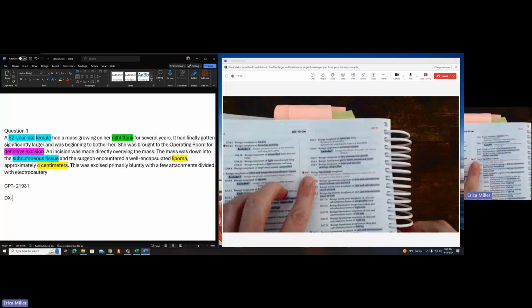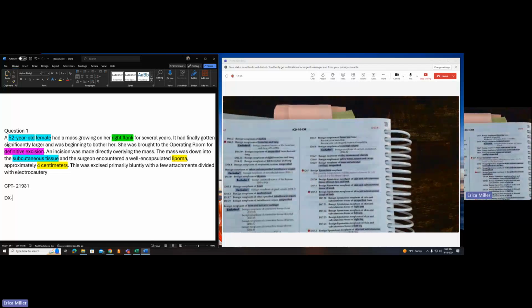D17.1. First, let's read our category note, good habits. D17, benign lipomatous neoplasm. This is a slow-growing benign tumor, rubbery masses of mature fat cells enclosed in a thin fibrous capsule. Fantastic. That is exactly what the terminology inside of our operative note describes.